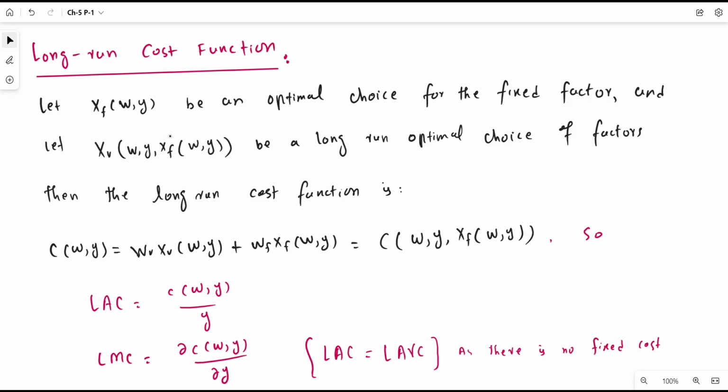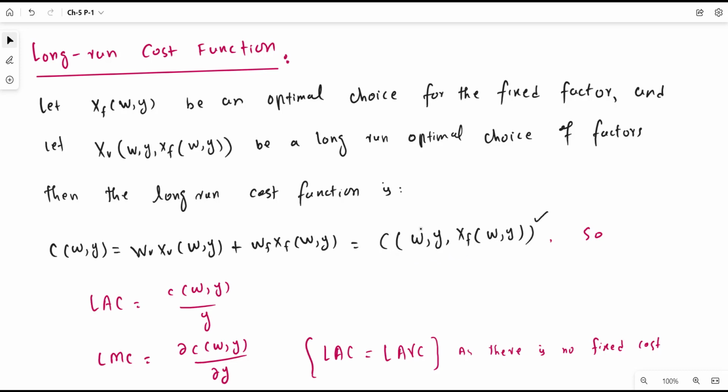So we have replaced the vector of the fixed input by the vector of the conditional factor demand function of the fixed factor input. So the long run cost function can be reported as the variable cost plus fixed cost, but here the fixed costs are optimized as well. So the total cost function can be represented by this functional form.